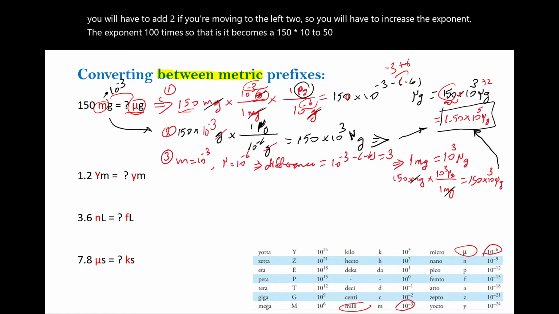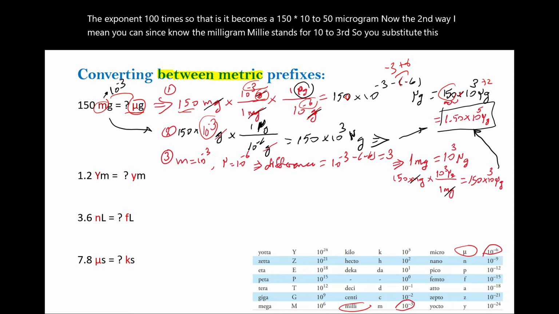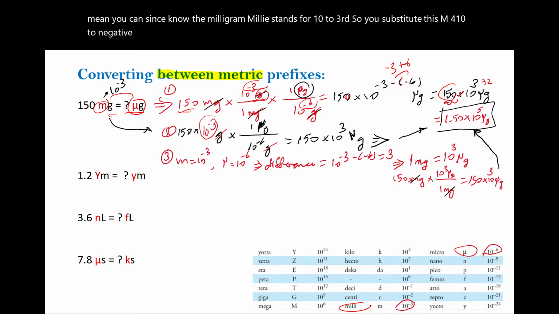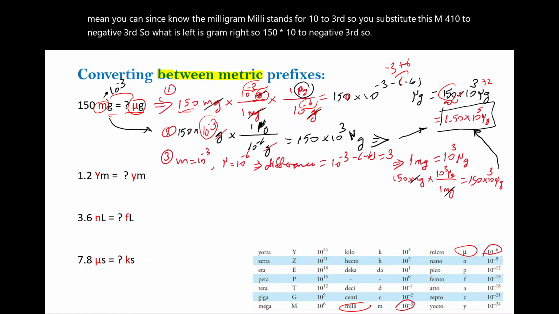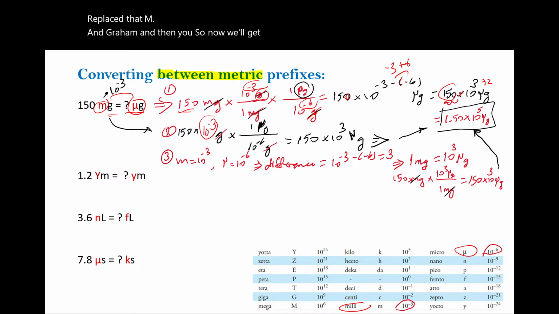Now the second way: since milli stands for 10 to negative third, you substitute the m for 10 to negative third, so what is left is gram. So 150 times 10 to negative third gram.